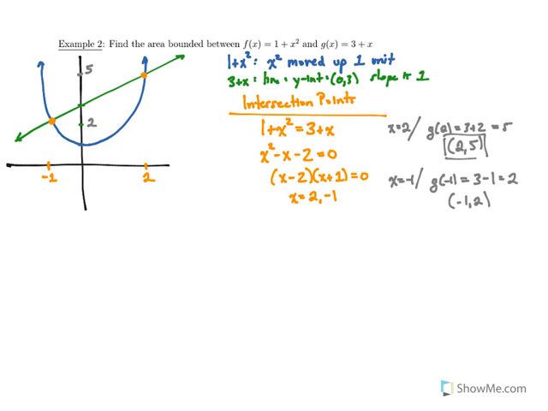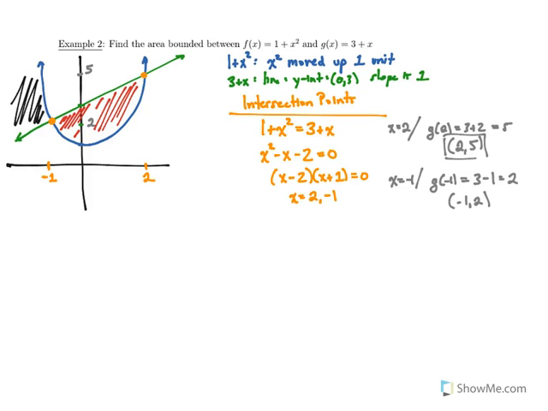So we are trying to find the area bounded between these functions. And it's good to note that when you think about between the two functions, there may be 3 different options of what we have here. The area that's going to work is this area right here. But there are maybe 2 other areas that correspond to between the two functions.